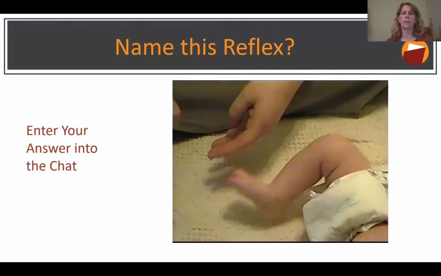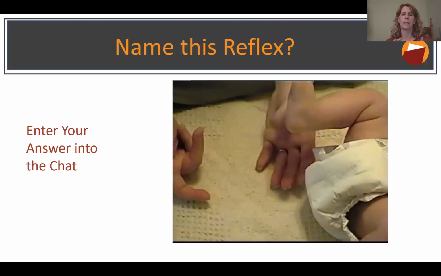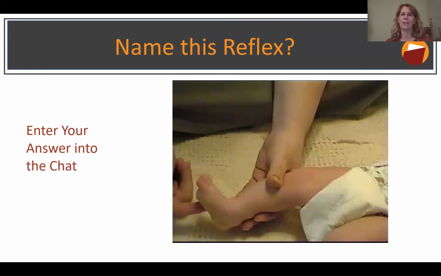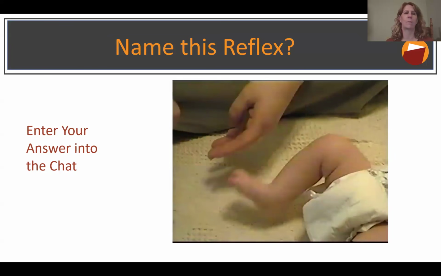Cross extension, it could be cross extension potentially if I could see the other leg. To evaluate cross extension, I have to see both legs. I can't really see what that other leg's doing. But what are you seeing on the right? I'm doing a noxious stim to the foot, and they're doing, yes, a flexor withdrawal. Nice job.